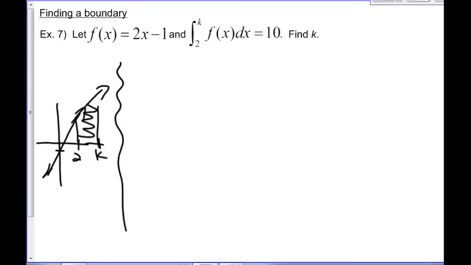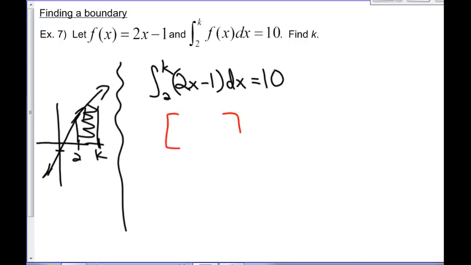It's saying the integral from 2 to k on this function is 10. Well, we'll just do our regular stuff. We'll anti-differentiate 2x minus 1, so that's x squared minus x.